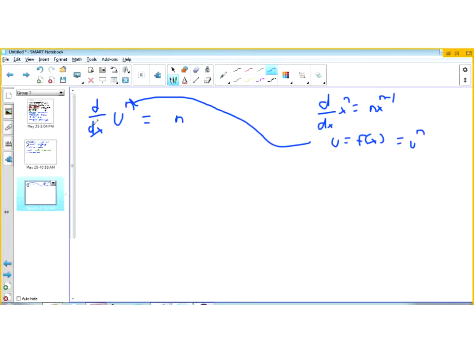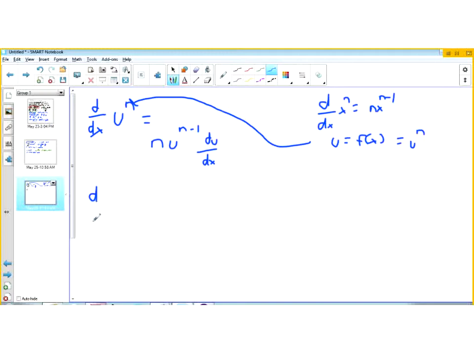Then the derivative with respect to x of u to the n would equal n times u to the n minus 1, and now we invoke the chain rule, times the derivative of u with respect to x. So this is the power rule for differentiation.